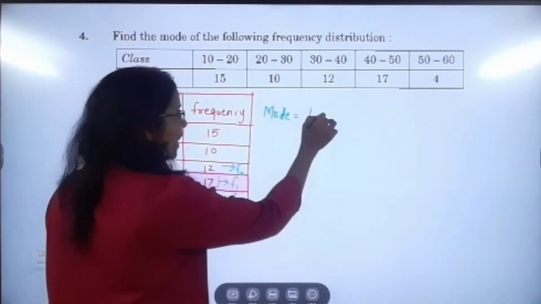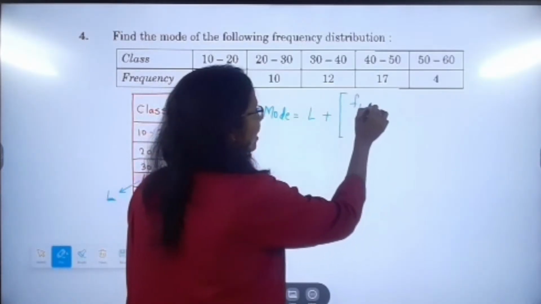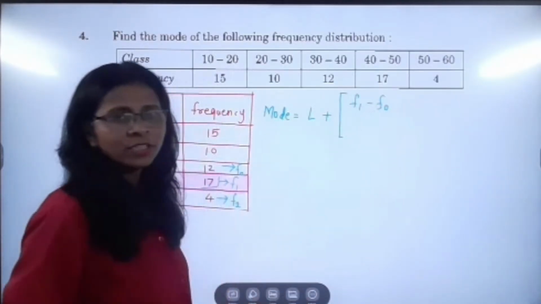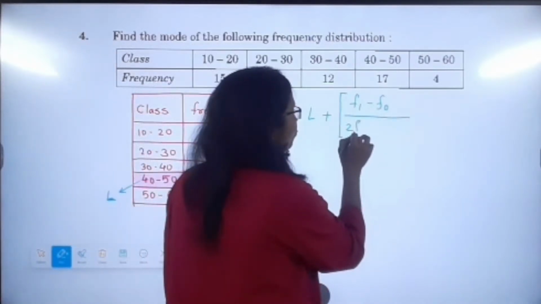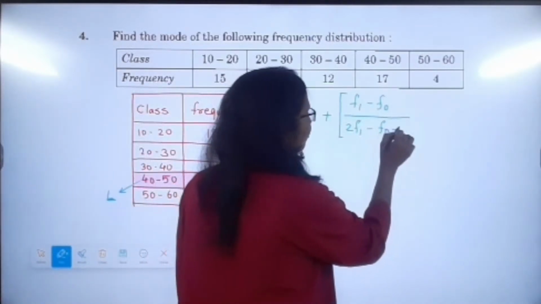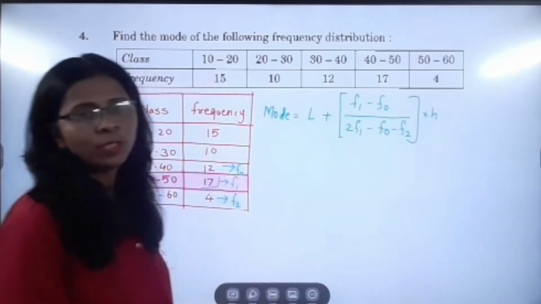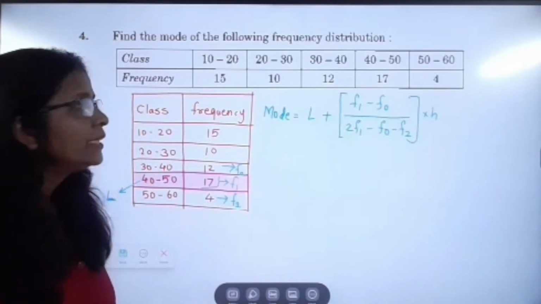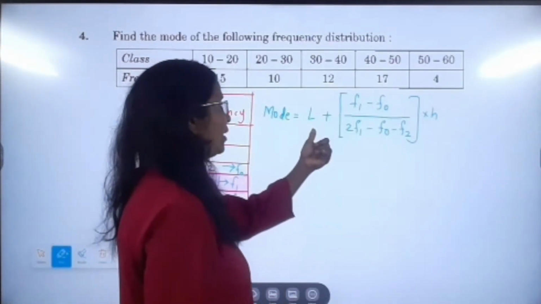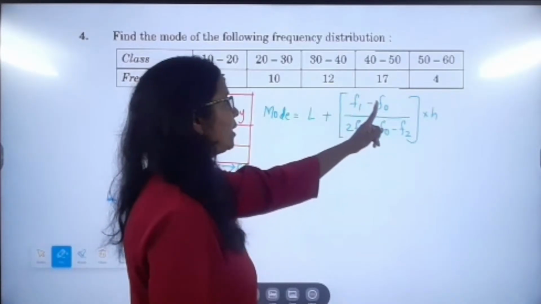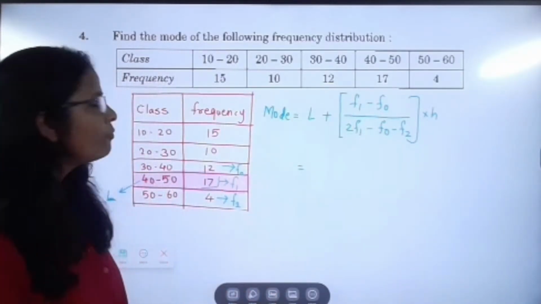L plus F1 minus F0 upon 2F1 minus F0 minus F2, multiply H. So we want the values of L, F1, F0, F2 as well as H. What is the value of H, student?